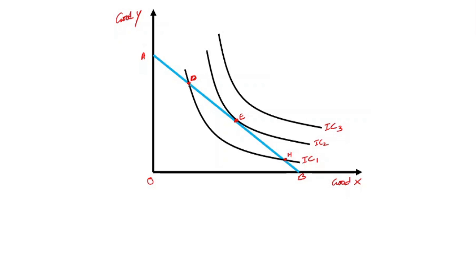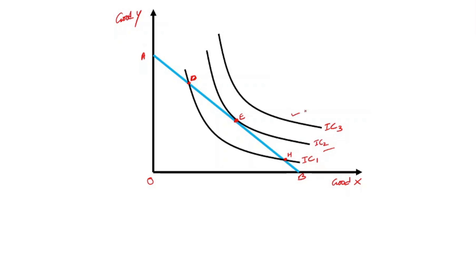But in IC2's case, the budget line is touching the second indifference curve only at one point, that is point E. So there is only one tangency.